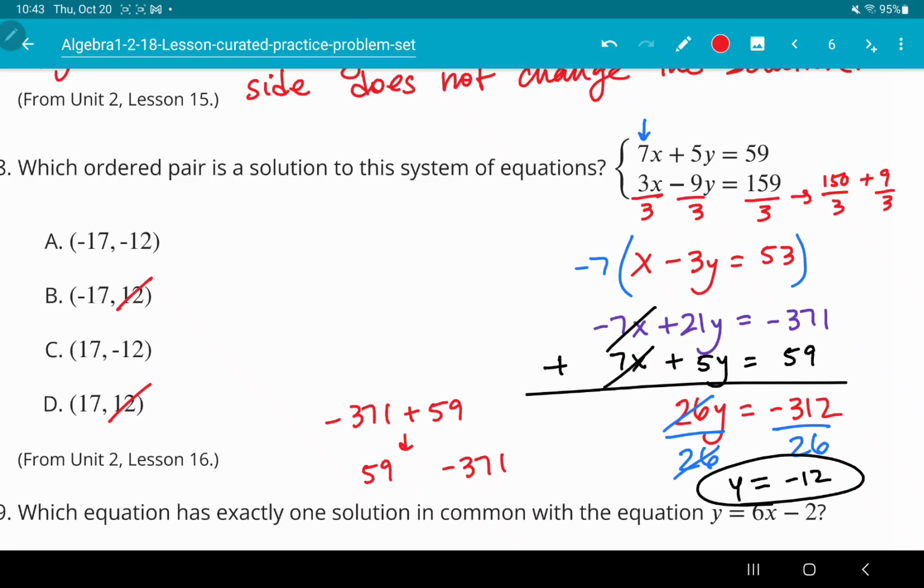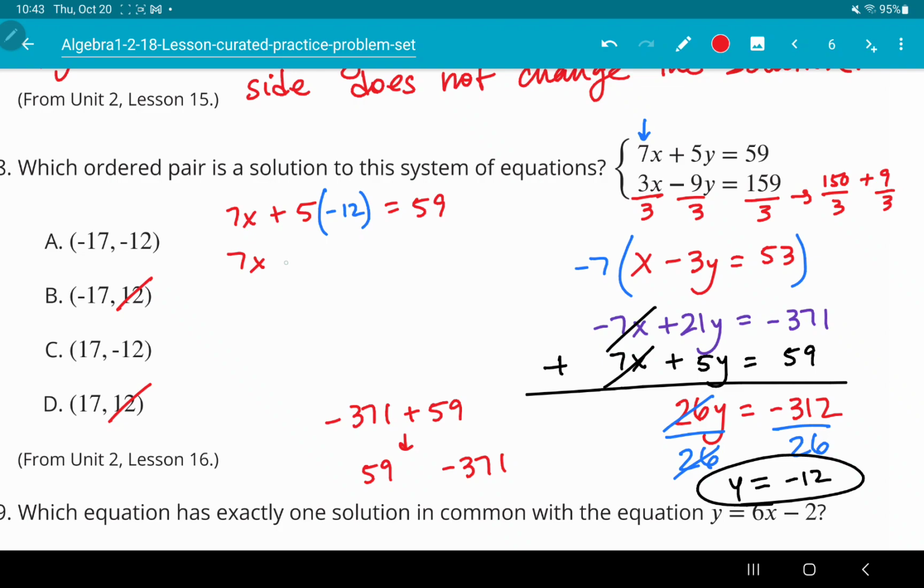Once we've already solved for y, we should just plug it back in and figure out what the other one's going to be. I'll pick the first equation. We'll do 7x plus 5, and instead of y, let's put negative 12 there. And then this is going to be equal to 59. So we'll get 7x, and then 5 times negative 12, that's negative 60.